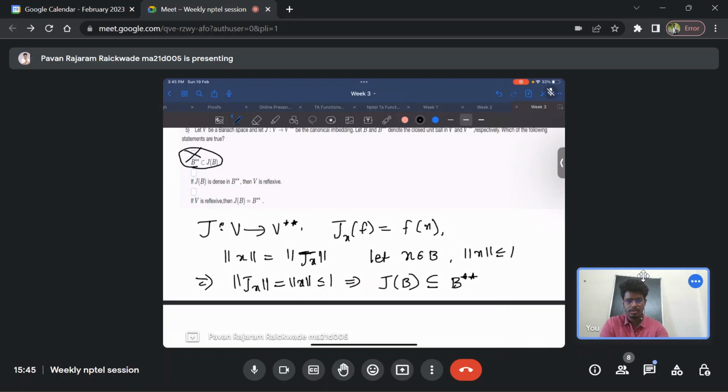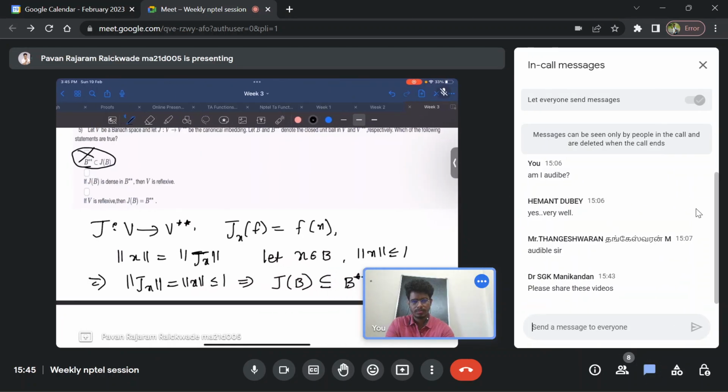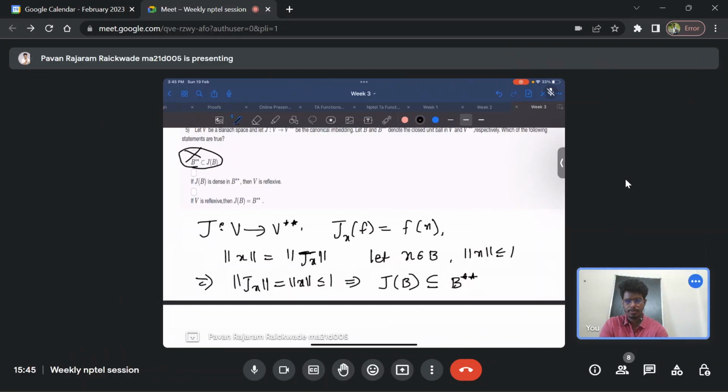Can anyone tell me a quick answer? Is this true or not true? See, J of B is a closed set which is contained in B star star and it is dense also.